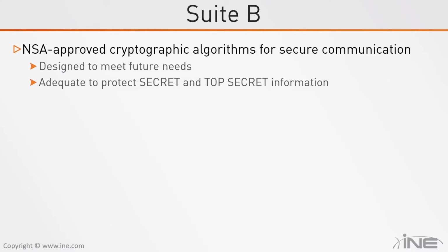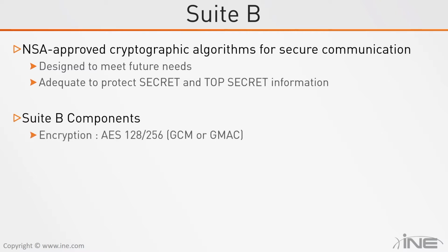This is something that NSA thinks is sufficient to protect confidential information at the secret and top secret level. Okay, so in terms of the actual algorithms that fall under the Suite B standard, for encryption, as I said, it is going to be primarily AES, and specifically the 128 and 256-bit key variations of AES. We are going to be talking about Galois counter mode or Galois message authentication code, so not CBC.